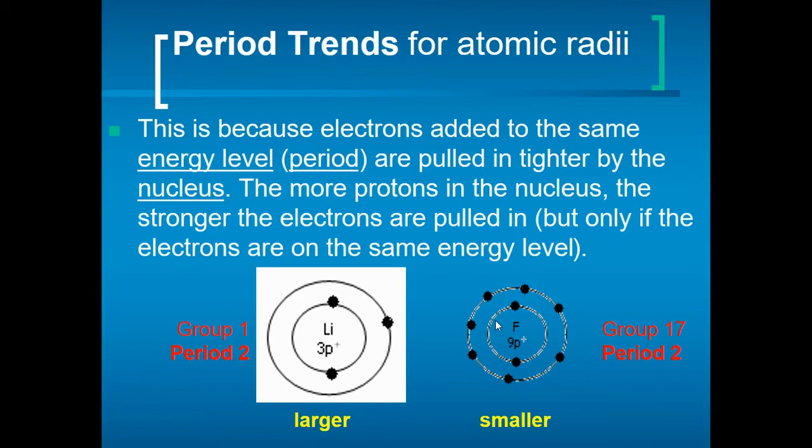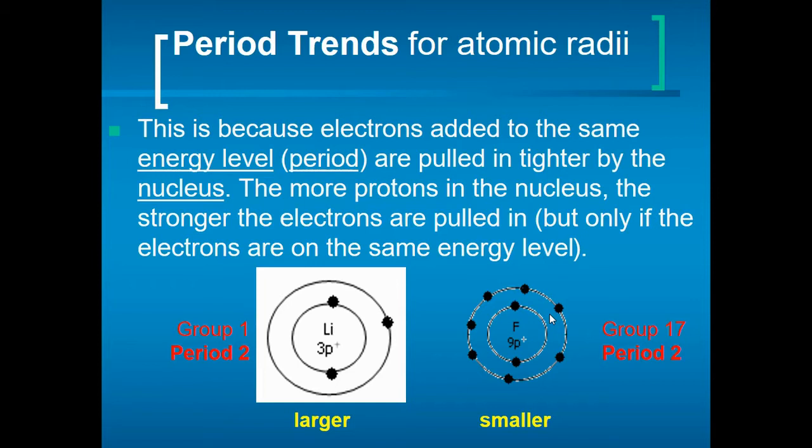As you go across a period, same energy level, like we talked about earlier with nuclear charge, you're going to have 3 protons pulling on 1 electron versus 9 protons pulling on 1 electron. The pull is harder.